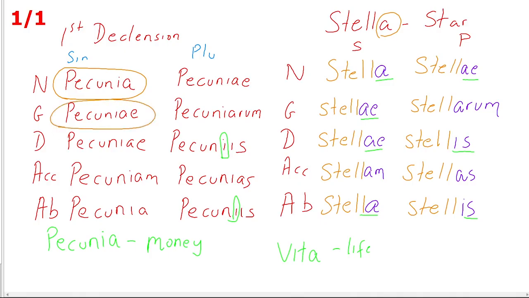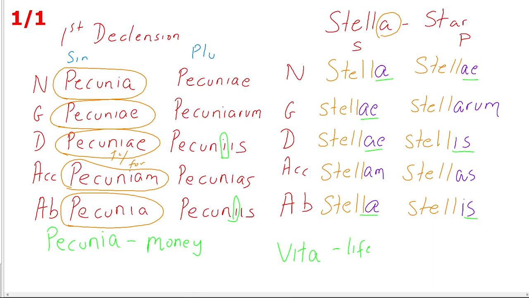Then dative is, what is the English equivalent? To or for. Then the accusative is the direct object. And then finally, by means of, with the money, by the money would be the ablative.